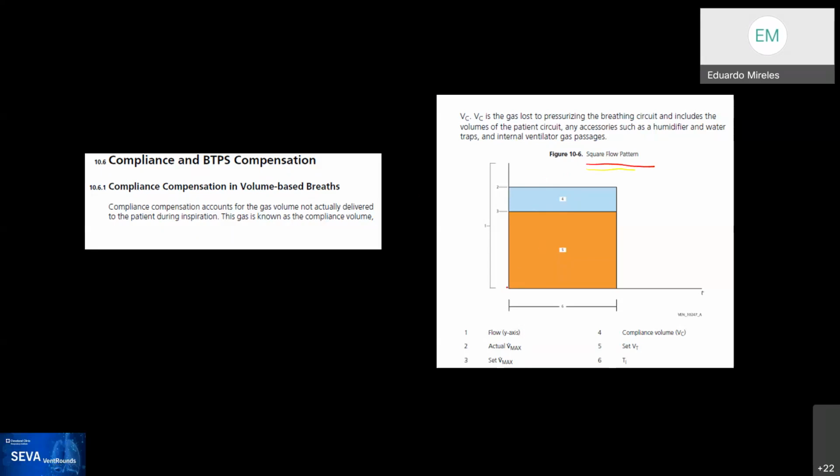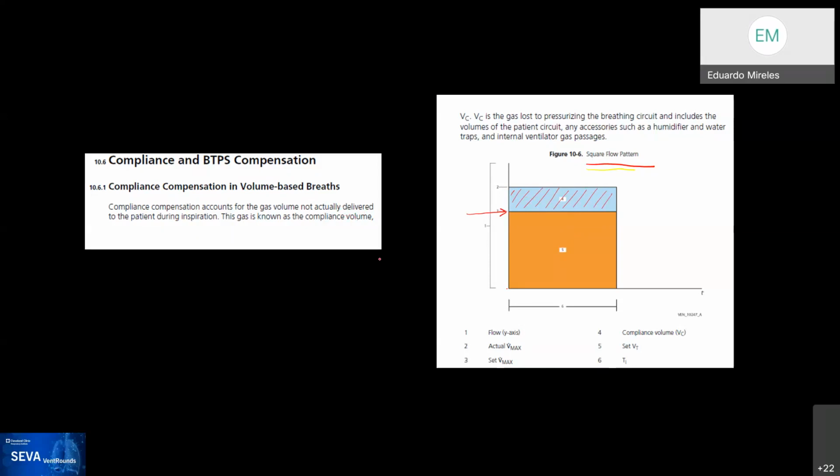So here's the beginning of the flow 0, and then it goes to the peak flow, and this would be the actual goal, right? That's what you said. And then it will calculate based on the compliance an extra amount of flow that it needs to use to deliver that breath. So it's a compensation for volume, what they call volume-based breath.